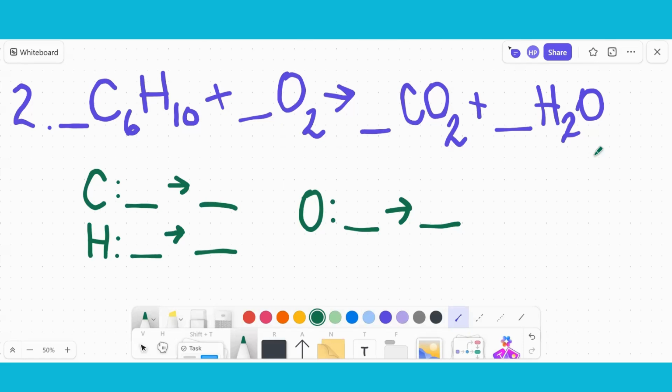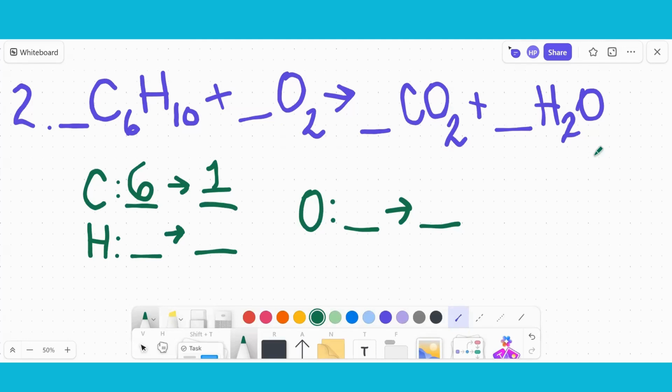So again, to start this problem, we want to look at how much of everything we have on both sides of the reaction arrow. For the carbon reactant, there's 6 on the left and 1 on the right. Remember, a carbon on the right doesn't have a number with it, so that means there's only 1.